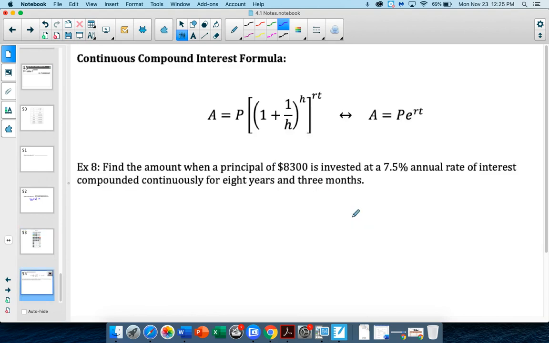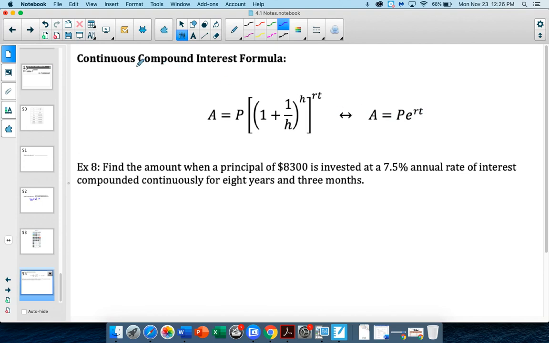So the final example here is just the continuously compounded interest formula. Don't write this one down. What we're saying is if I take that formula that we just had, the principal times, and what we did in that little substitution, this 1 plus 1 over h to the h power, we're saying that's just equal to e.